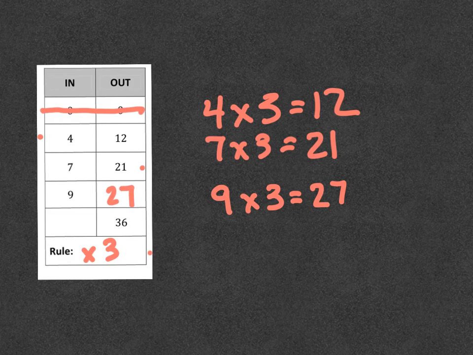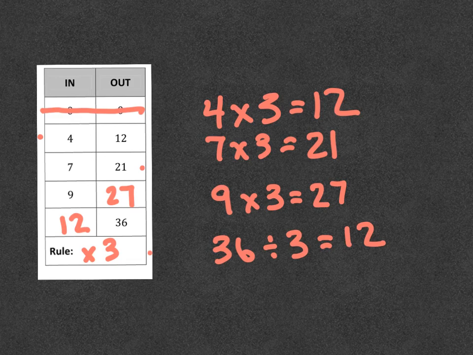And for this one, we have our out, but we don't have our in. So this is going to be the inverse, or opposite, operation. 36 divided by 3 is going to be 12. So our in over here is 12.